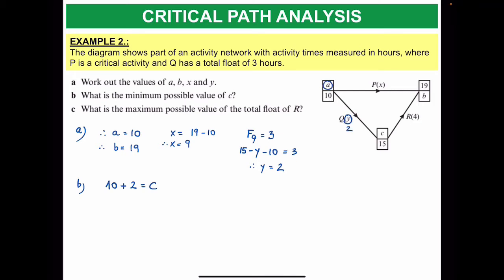This is your 2 and this is your 10. This is coming from the forward scan or forward pass. When you're looking for the early time, because C represents the early time. So 10 plus 2 is equal to C. What is C? It is 12.